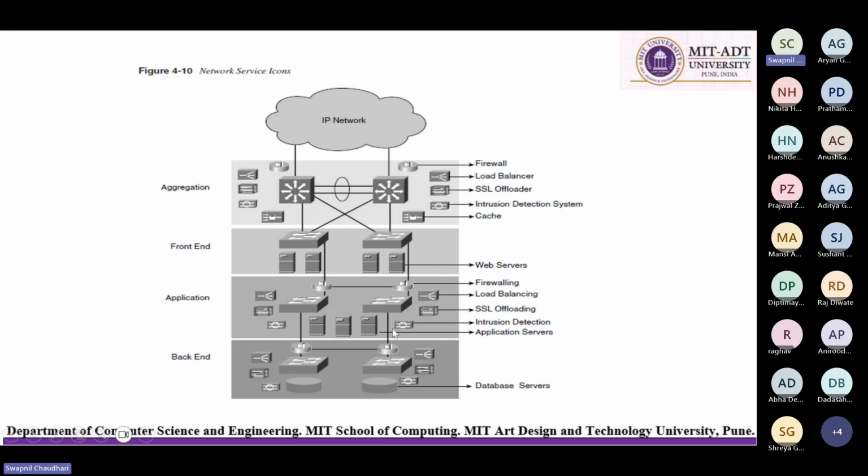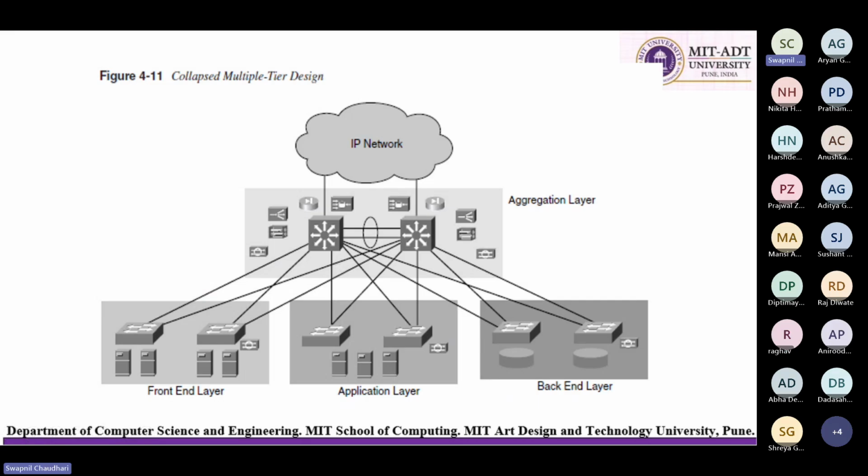Okay, so this is all about this diagram, the network service icon. The next diagram is the same diagram, only the representation is different. This is a collapsed multi-tier design.